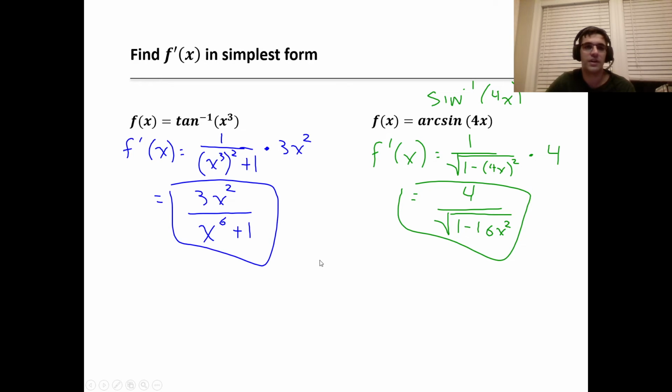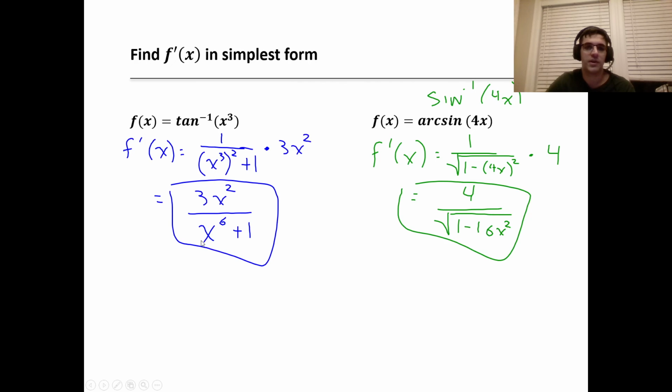Okay, finding f prime of tangent inverse of x to the power of 3 will be a chain rule. We'll do tangent inverse and leave the x cubed in for x. So it'll be 1 over x squared plus 1, which is 1 over (x to the power of 3) squared plus 1. Then we multiply that by the derivative of x cubed, which is 3x squared.